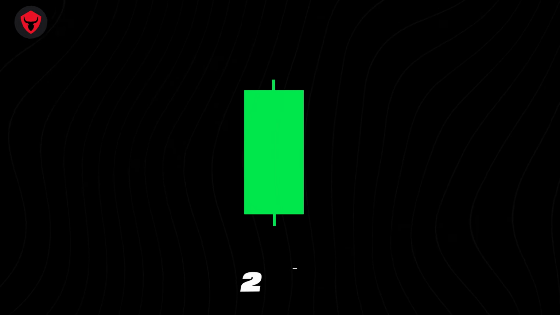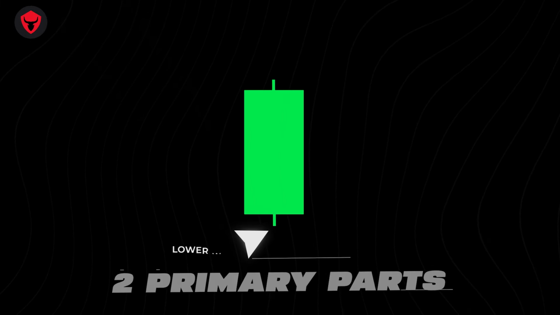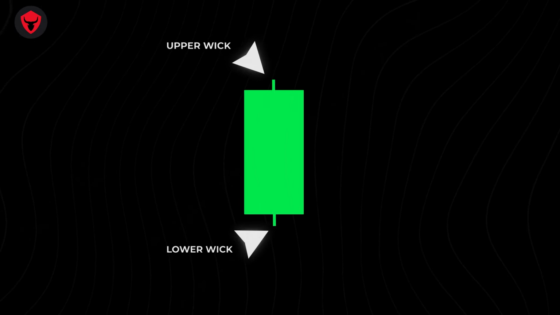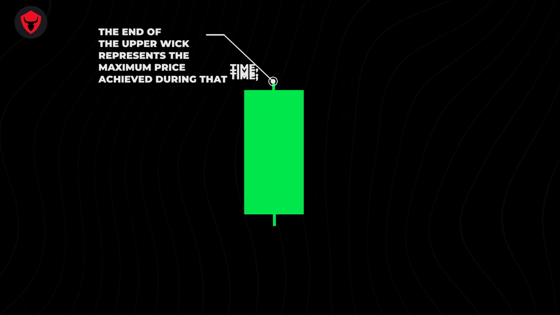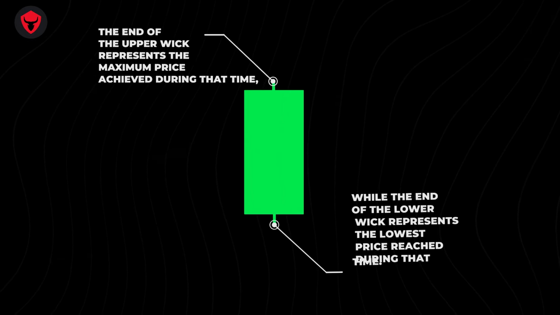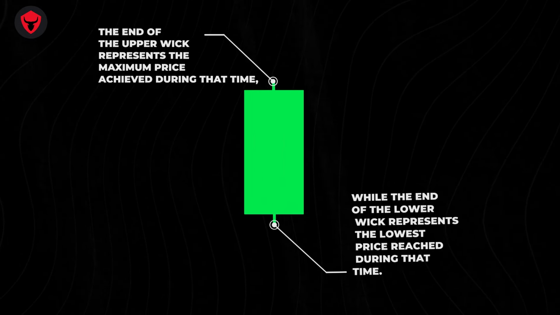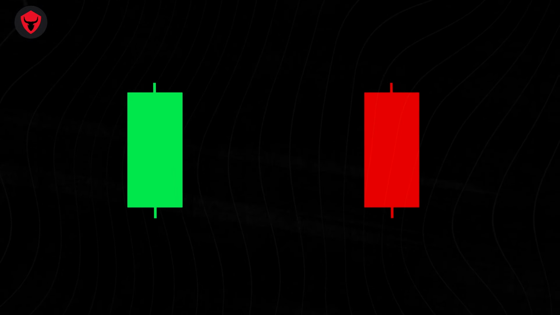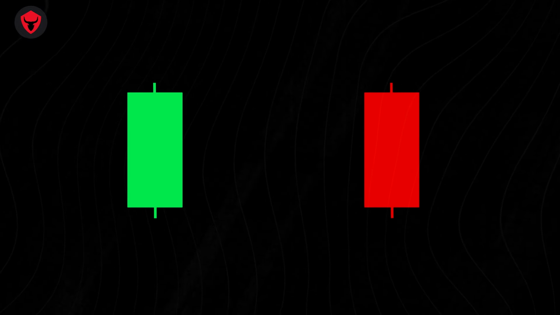A candlestick has two primary parts, the wicks or shadows and the body. The end of the upper wick represents the maximum price achieved during that time, while the end of the lower wick represents the lowest price reached during that time. When it gets to the candle body, the details start to vary.